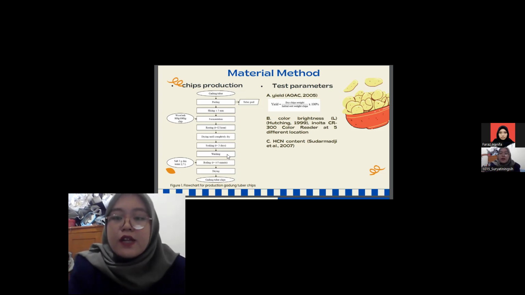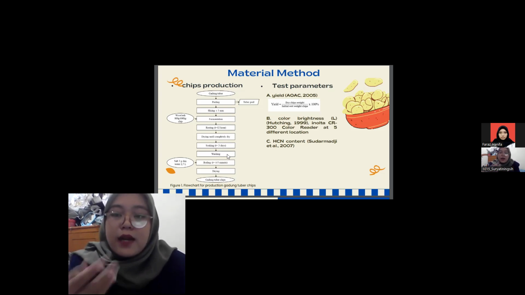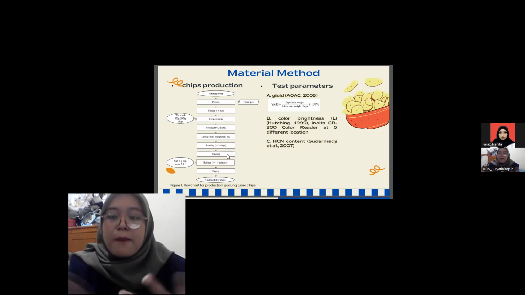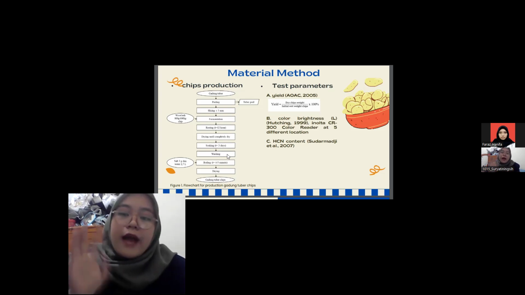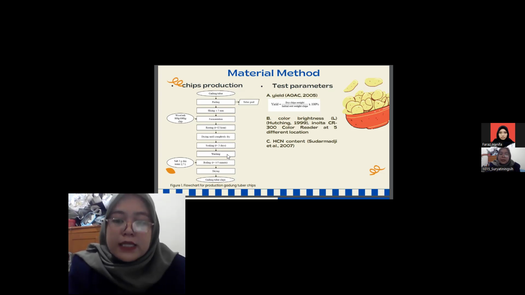Then for every 2 kilograms of wet chips, 2.7 liters of water and 3 grams of salt are added, and the chips are boiled for up to 50 minutes. The purpose of boiling the chips is to contribute flavor and enhance their texture.